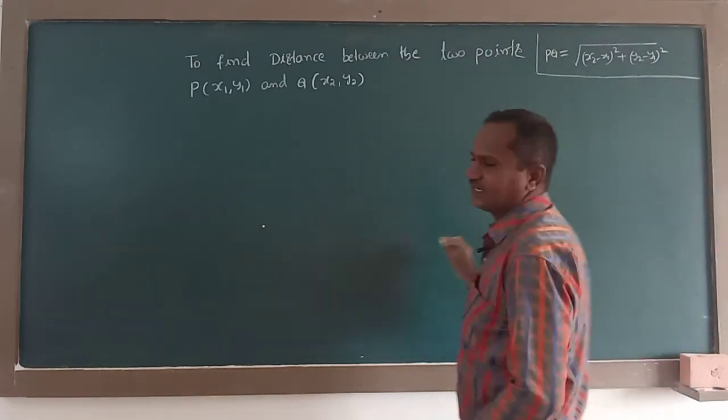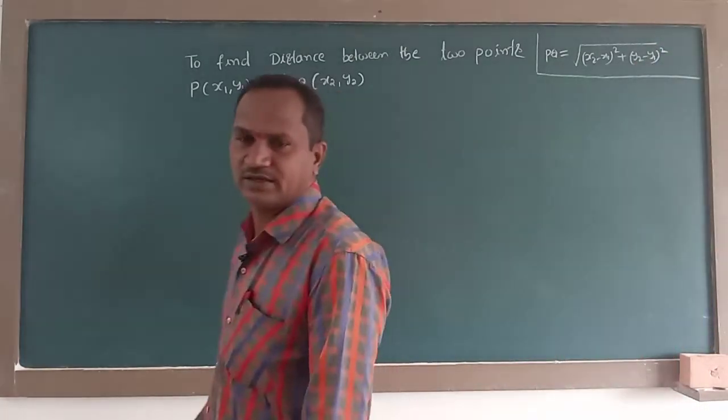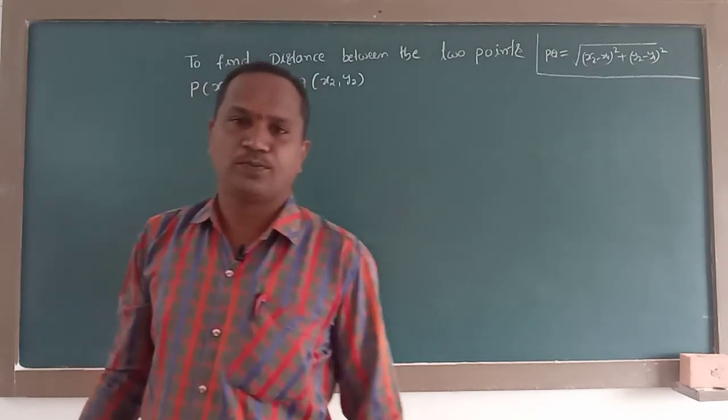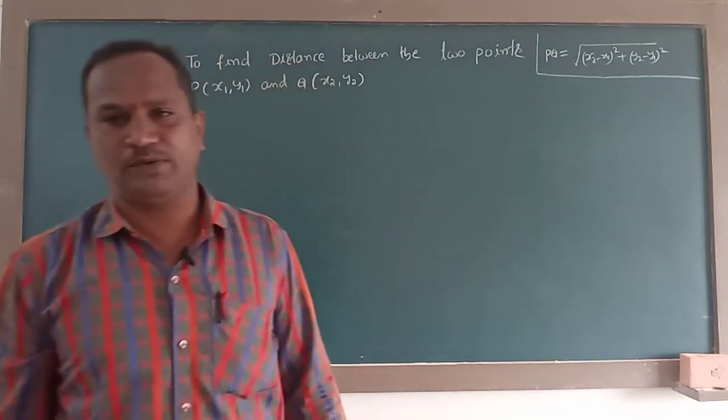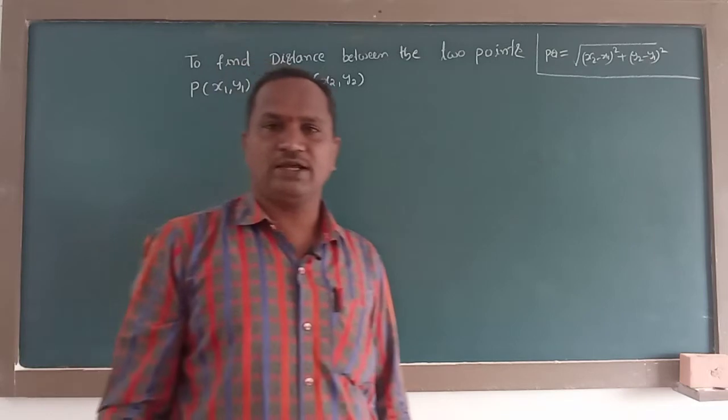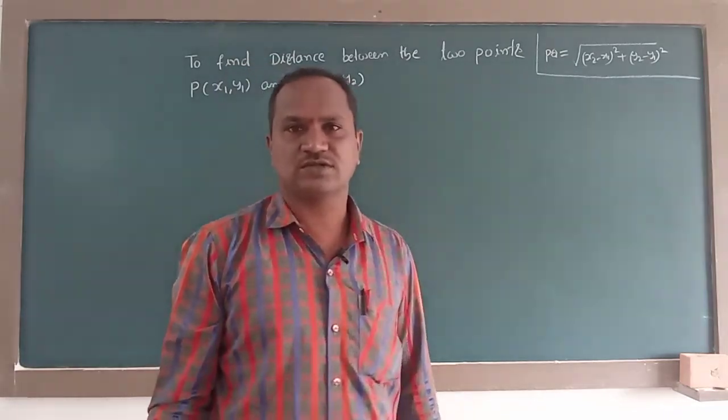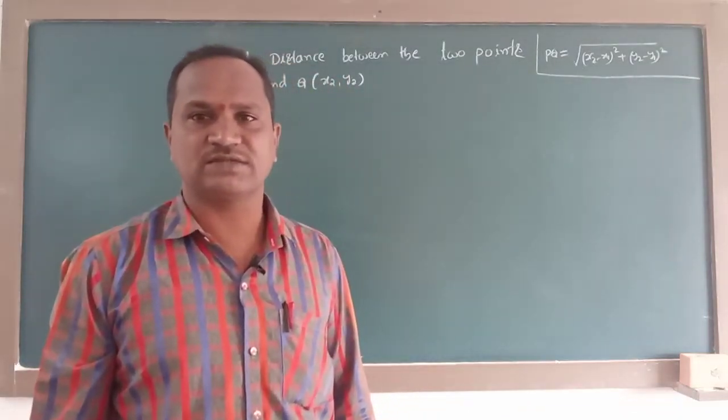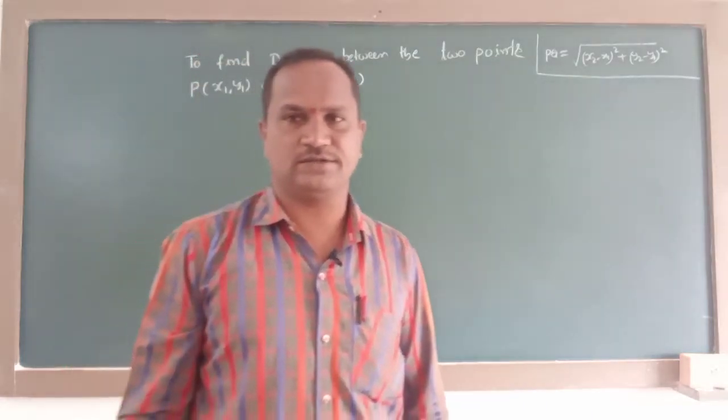This formula we should get finally here. Now we are going to give a proof of that formula, that PQ is equal to square root of (x2 minus x1) whole square plus (y2 minus y1) whole square.